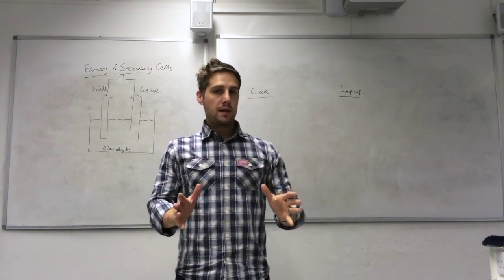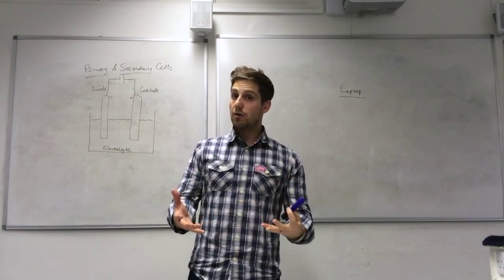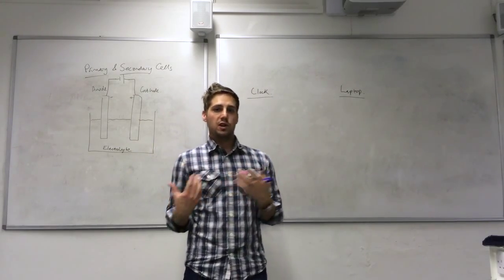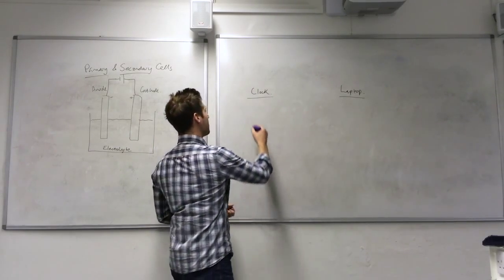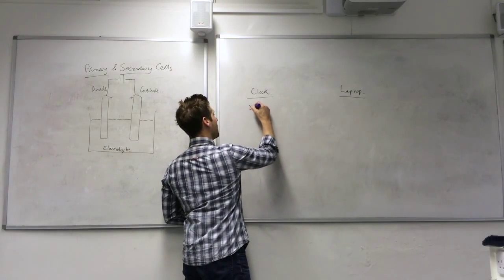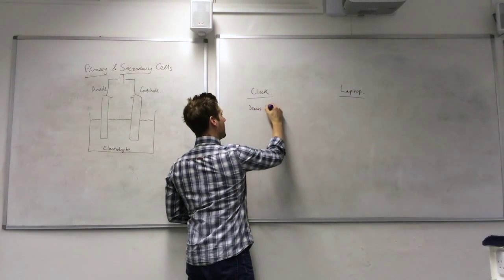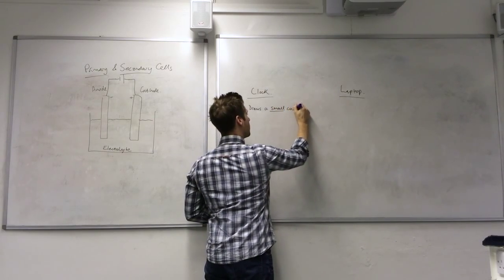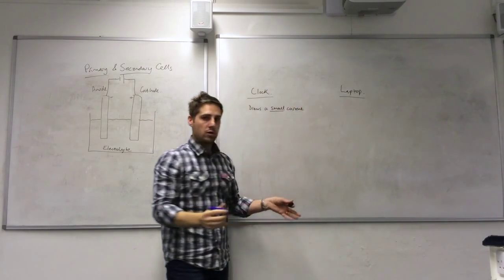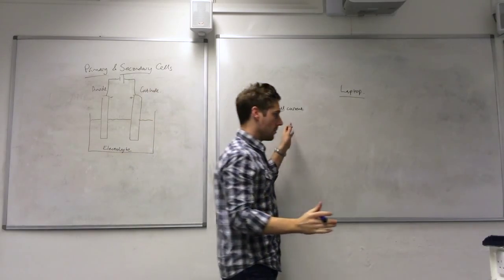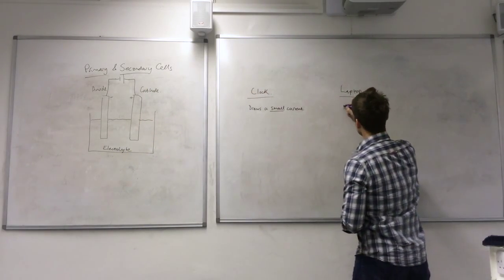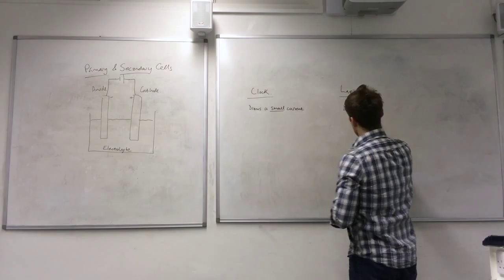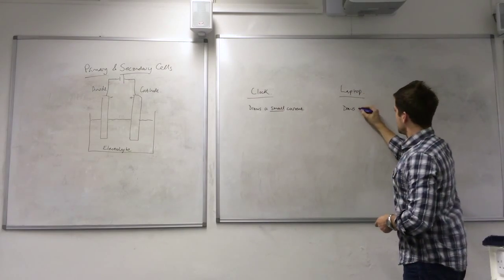The difference between the two devices is how much current they draw, from the perspective of which type of cell I want to put into them. So this one draws a small current. A clock does not require much current, it requires a small current. On the other hand, a laptop draws a large current.